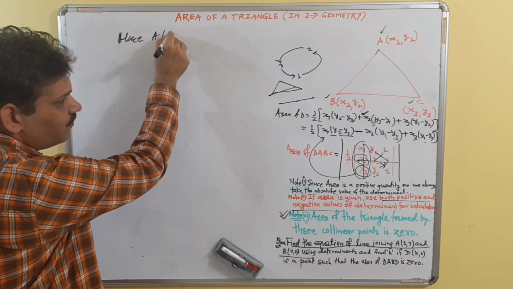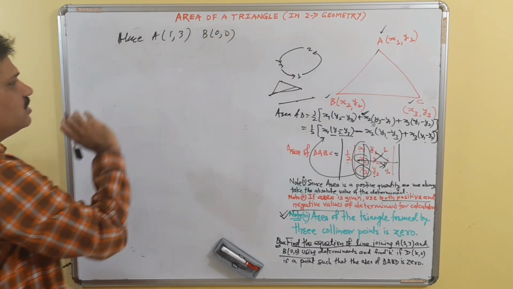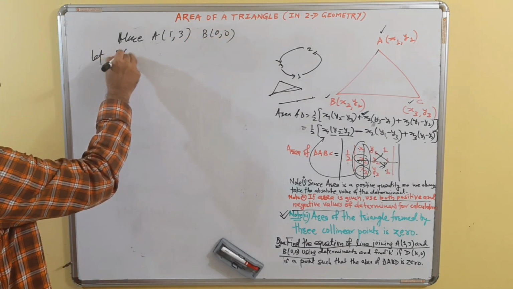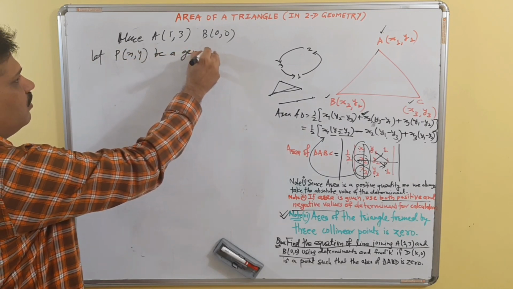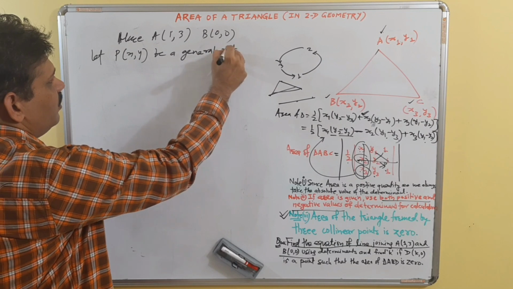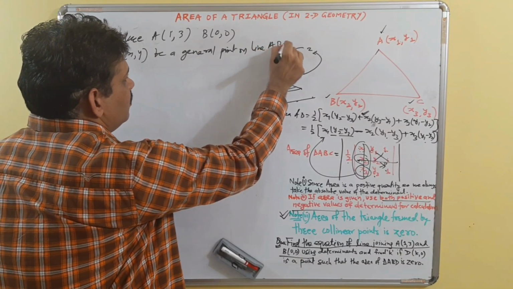A point is (1, 3) and B is (0, 0). Let P(x, y) be a general point on line AB.